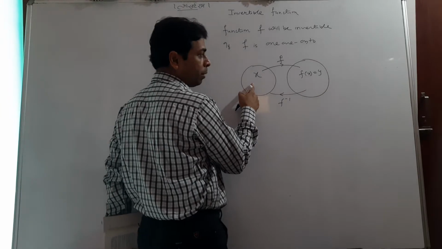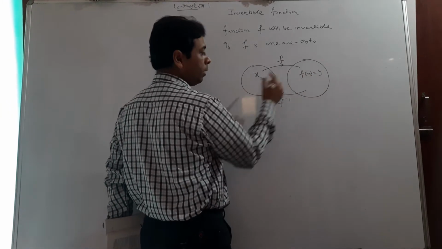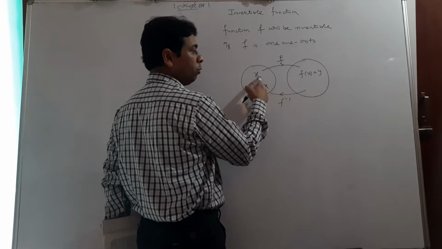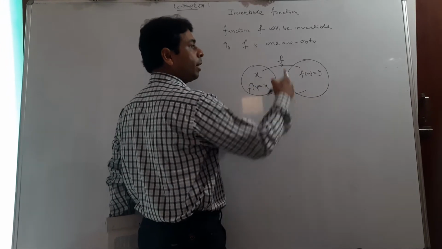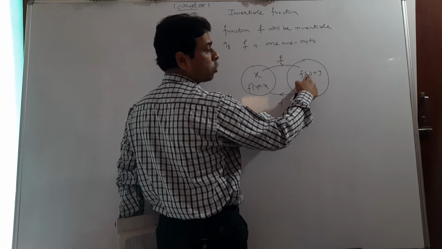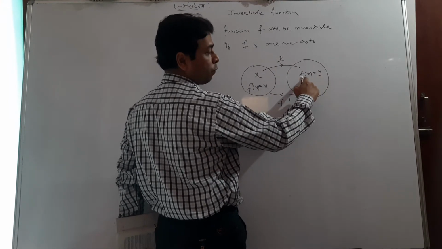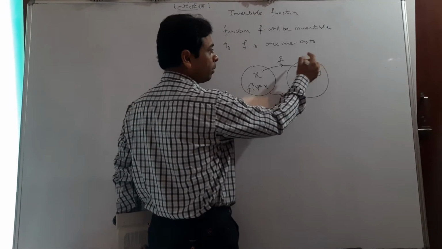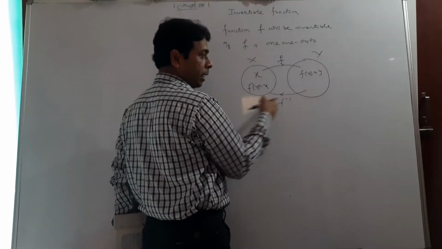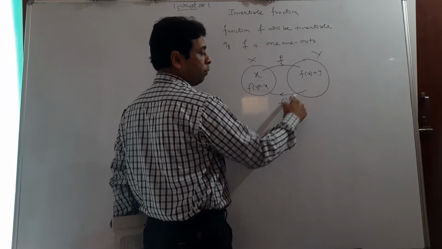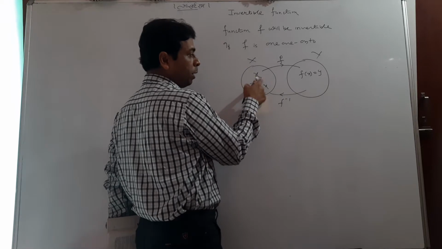So f inverse of y is equal to x. See it again: f operates on x to give f of x, which is y. When f inverse is defined from that set to this set, f inverse will operate on this element y, so f inverse of y will be equal to x.